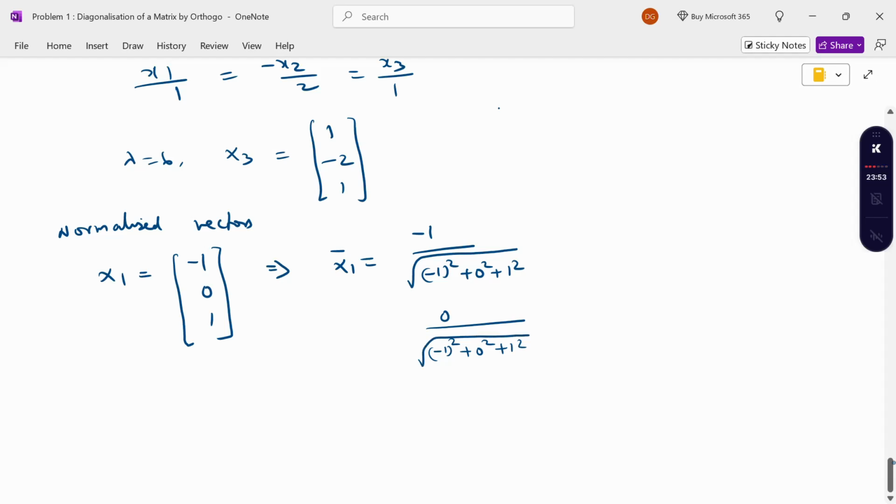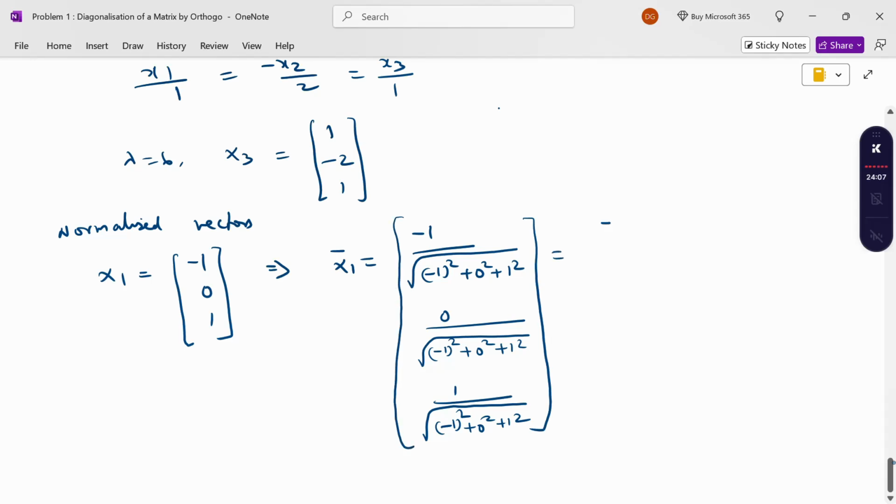So similarly this form, minus 1 by root of 1 square plus 1 square, 1 plus 1, 2, root 2, 0, 1 by root 2. So this is our normalized vector.